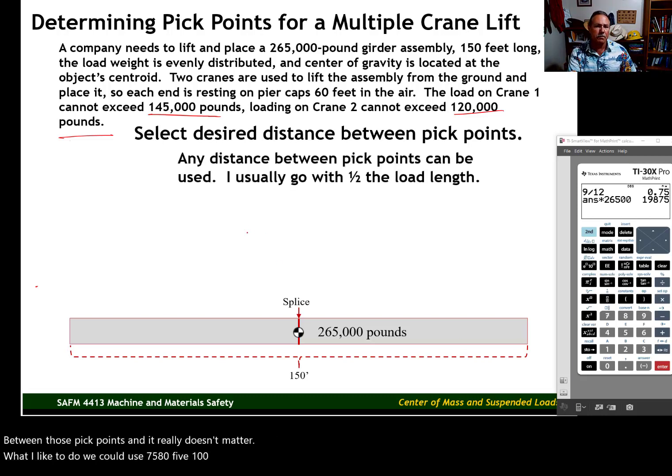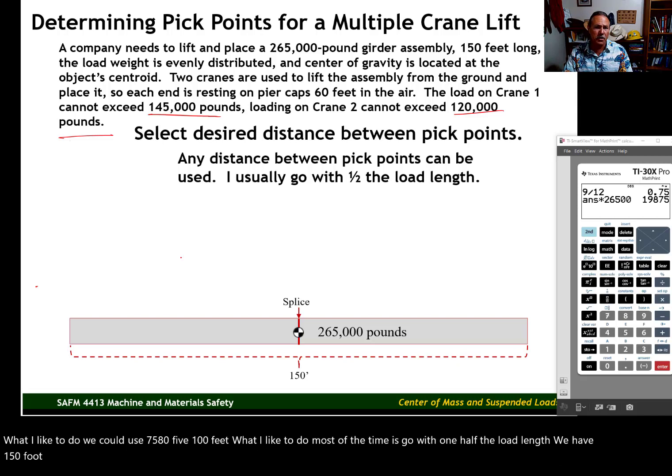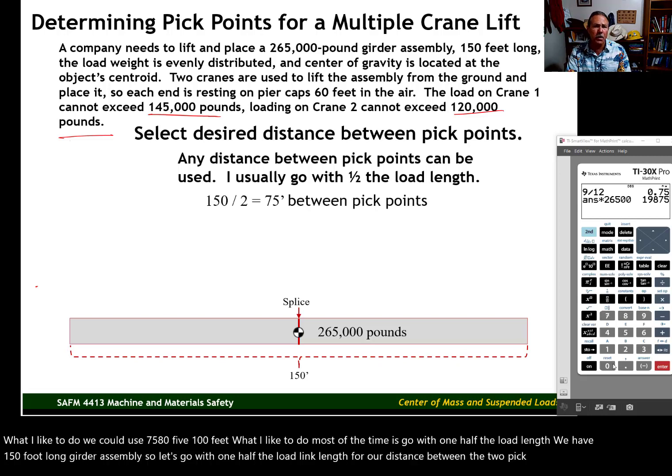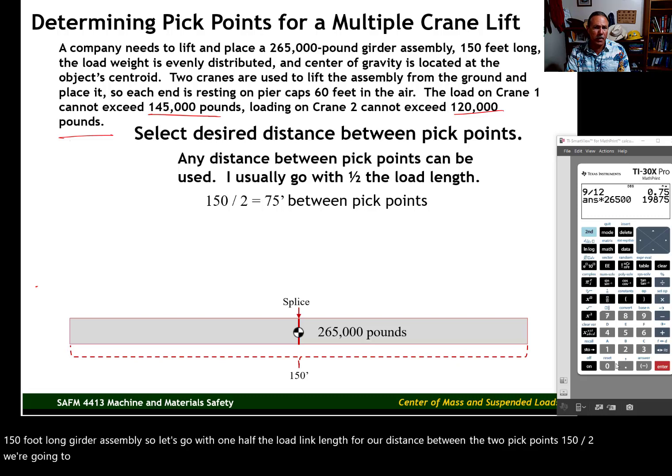What I like to do most of the time is go with 1/2 the load length. We have a 150 foot long girder assembly, so let's go with 1/2 the load length for our distance between the two pick points. 150 divided by 2, we're going to have 75 feet between the pick points. But again, that could have been 85 feet, it could have been 100 feet. It's whatever we need for that particular lift.